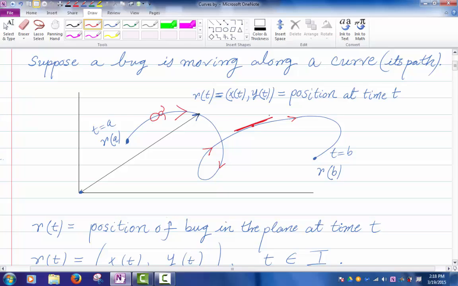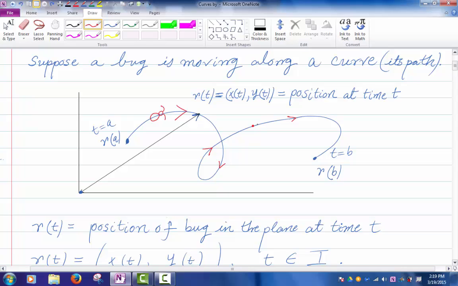Now, we're going to talk about how to find the slope. But one more thing that I want to say here, for those of you who are going to take Calc 3, is that if you think of this as the position of a moving object, then one thing you want to ask is, what's the velocity of the object?